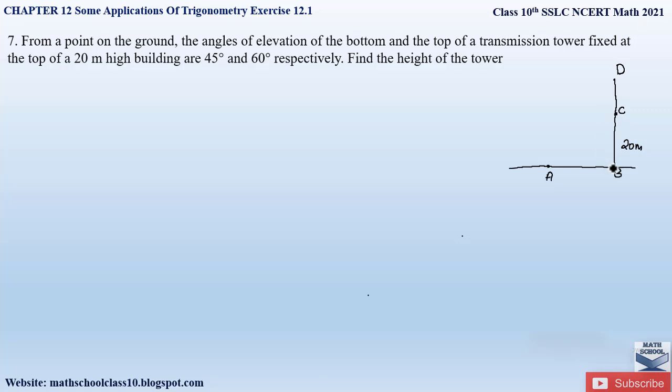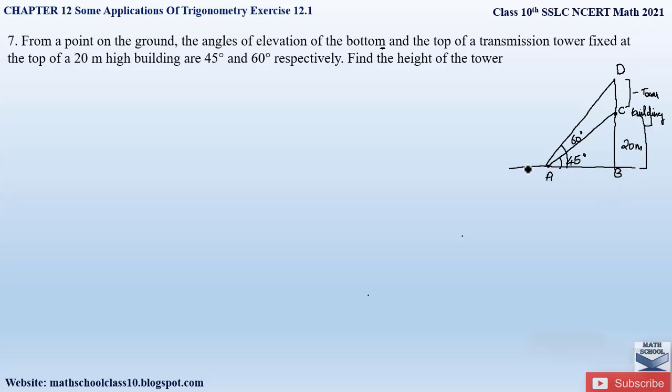From point A, the angle of elevation to the bottom of the tower is 45 degree, and the angle of elevation to the top of the transmission tower from point A is 60 degree. Now we have to find the height of this tower CD.